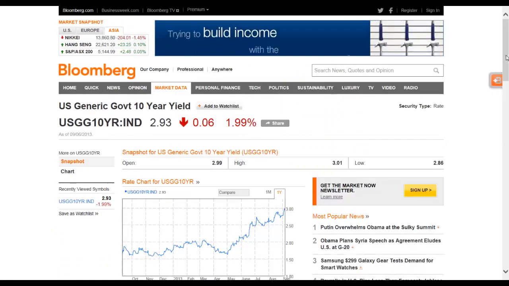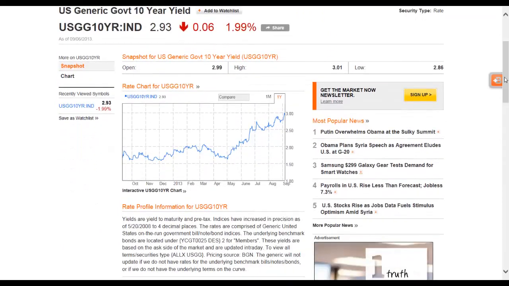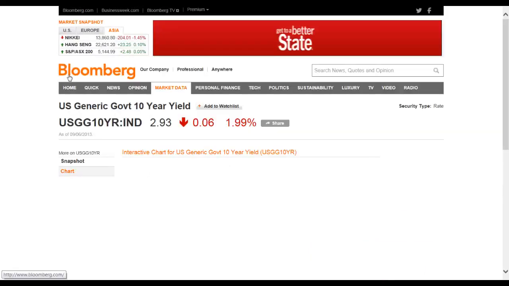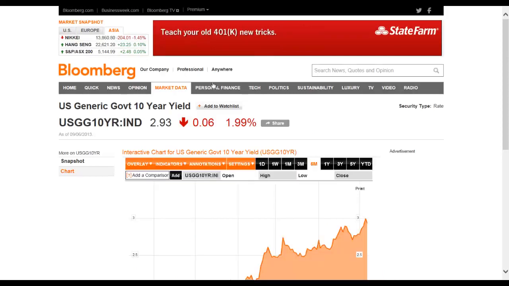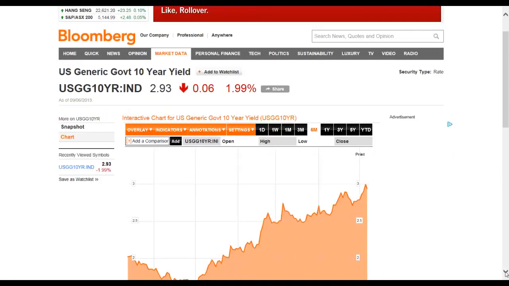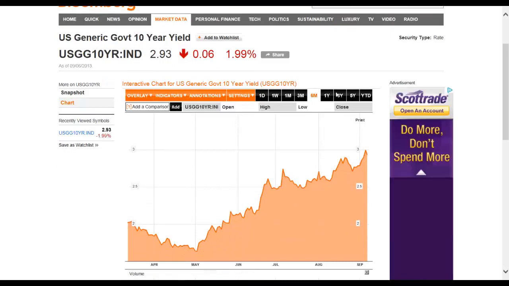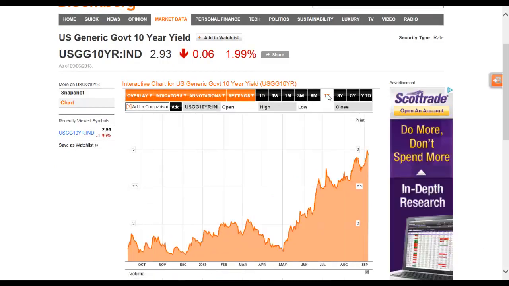Okay, when you see that, just going to scroll down just a little bit. You want to go to your chart here, not a snapshot. You want to go to chart. Okay, and just do a year. Okay, what we have here is the fluctuations of the actual yield, okay, of the 10-year treasury market.